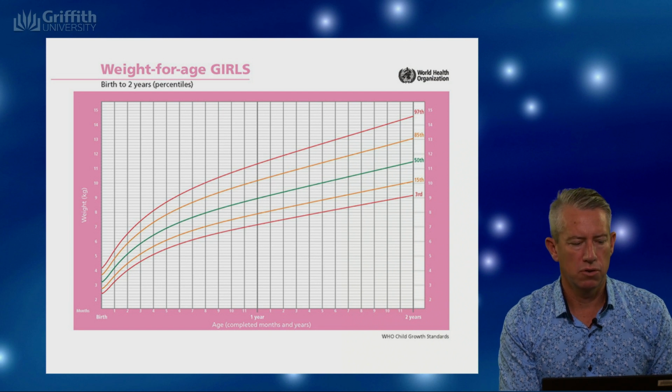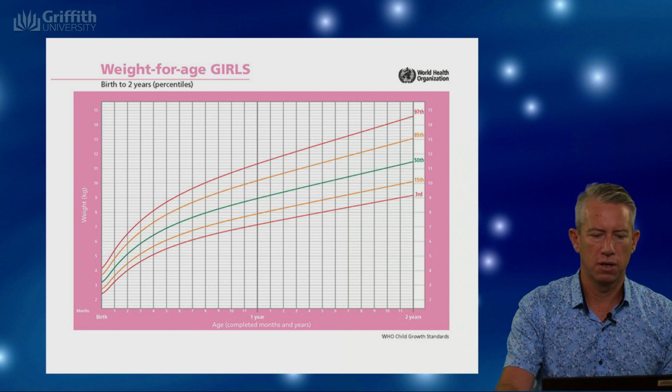So it just depends on the particular growth chart that you're working with, and then you would make an interpretation on these growth charts based on where the person's age and parameter fell.